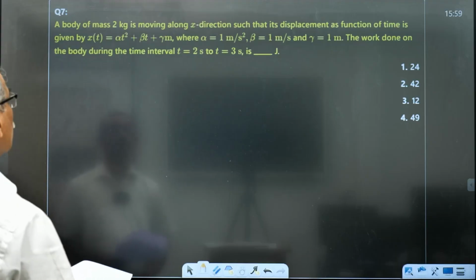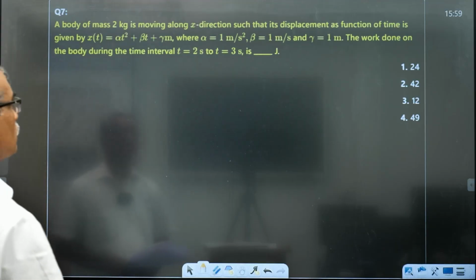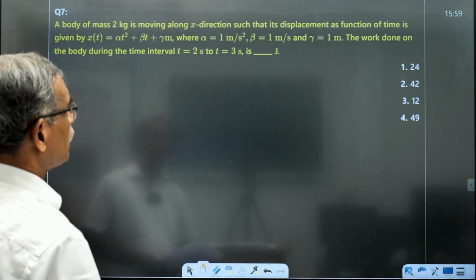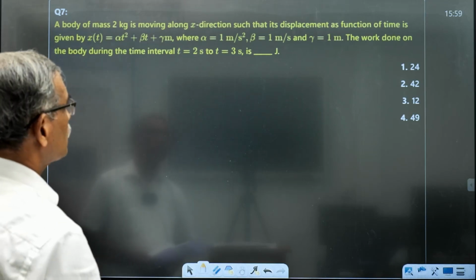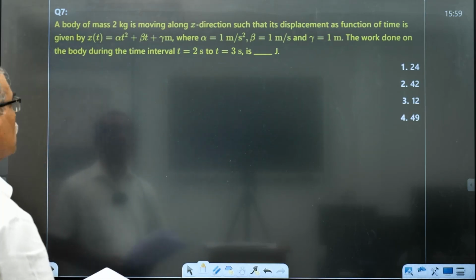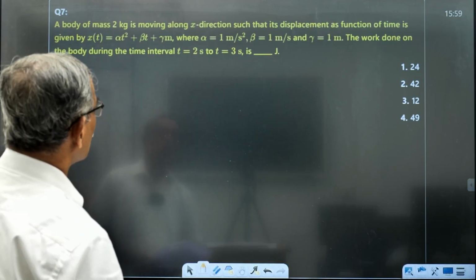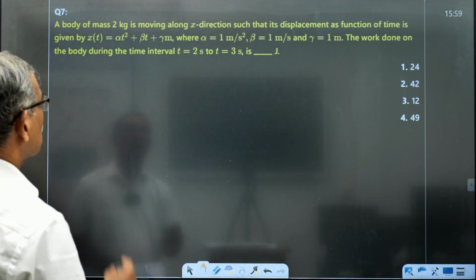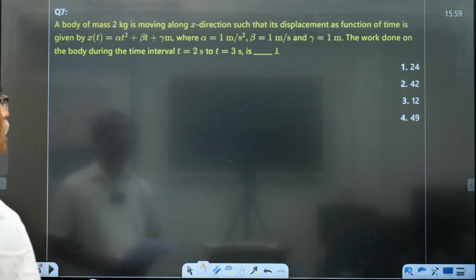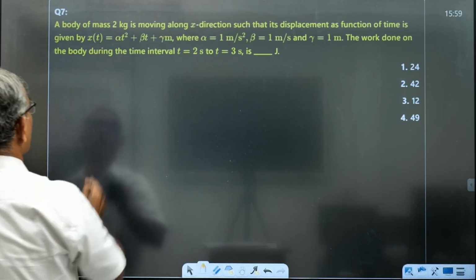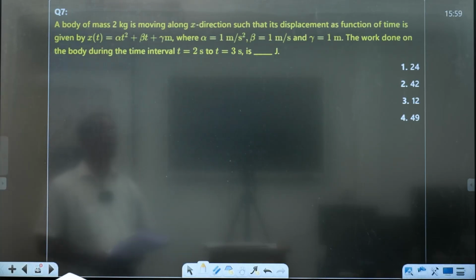A body of mass 2 kg is moving along the x direction with displacement as a function of time given by x equals alpha t square plus beta t. Find the net work done on the body during the interval 2 seconds to 3 seconds. Mass is given as 2 kg and we are given the displacement function.